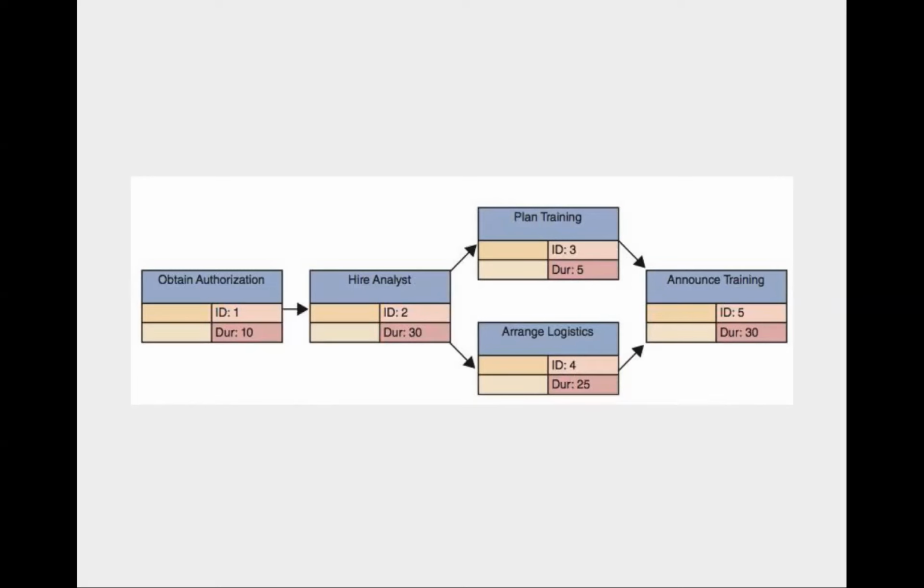Here is a small example. I want you to determine the start and end values, right? So ID numbers are given: you have ID 1, 2, 3, 4, 5, task number 1, 2, 3, 4, and 5. And the durations are also given. The first task takes 10 days. The second takes 30 days, then 5 days, 25 days, 30 days.